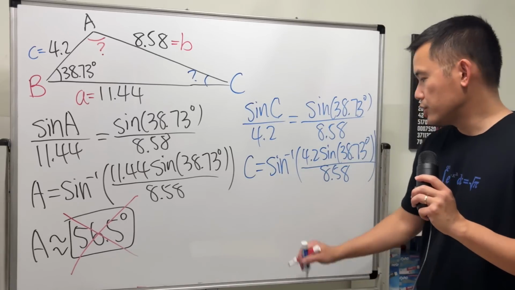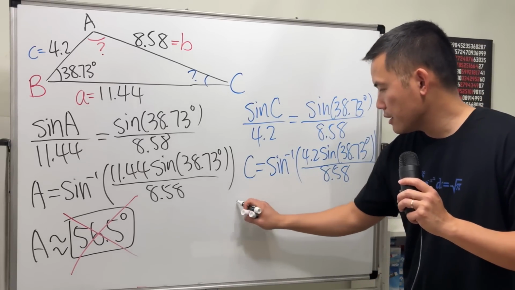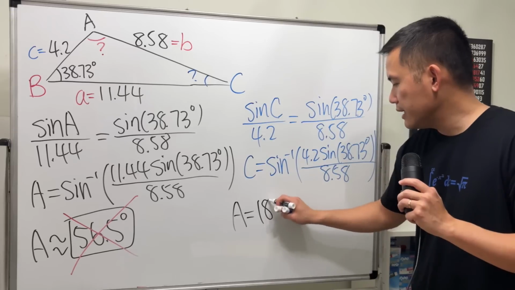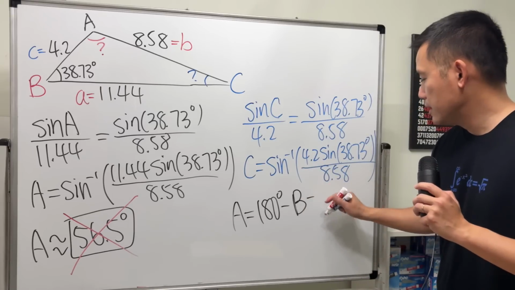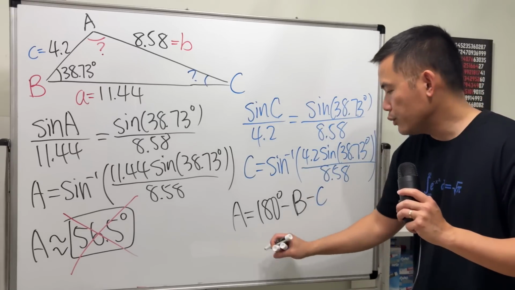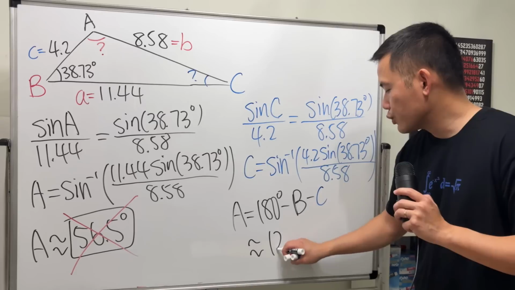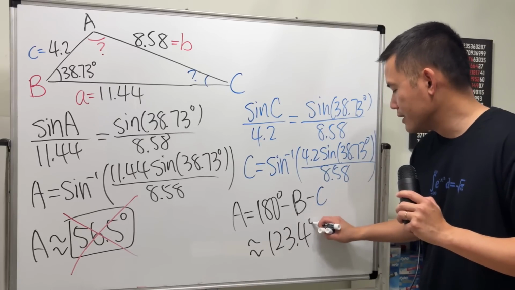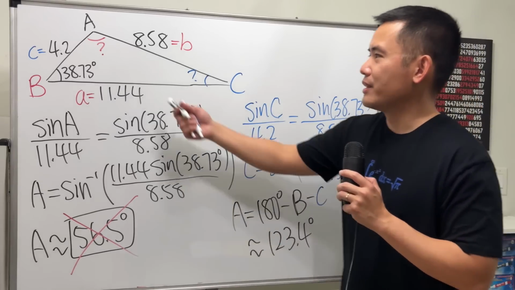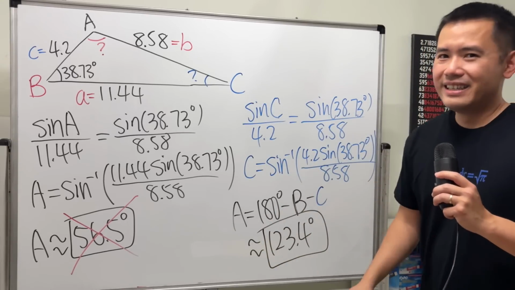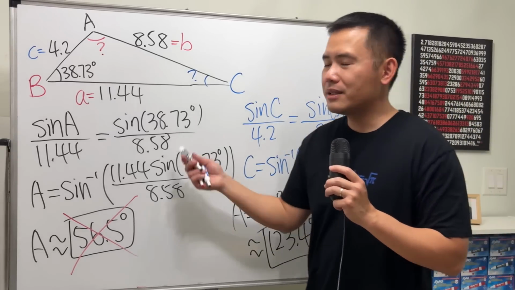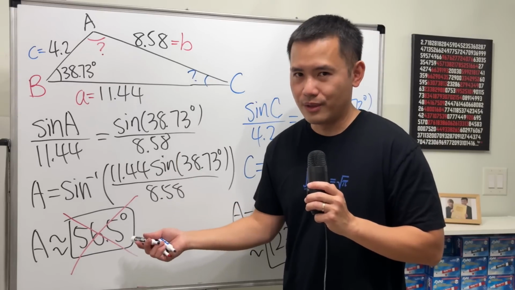And then from here we can just take A and make it 180 degrees minus B and then minus C. And then use your calculator and you will get approximately 123.4 degrees. And you can see that this right here does make a lot more sense. And this is it. Now the question is, how come this right here didn't work though?